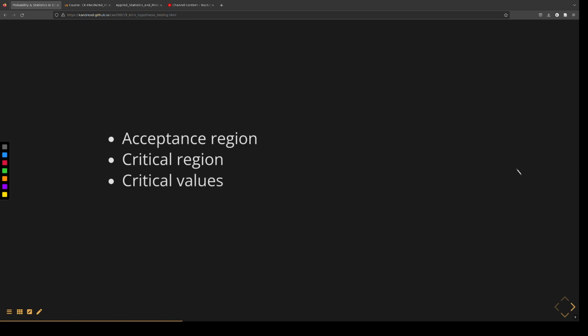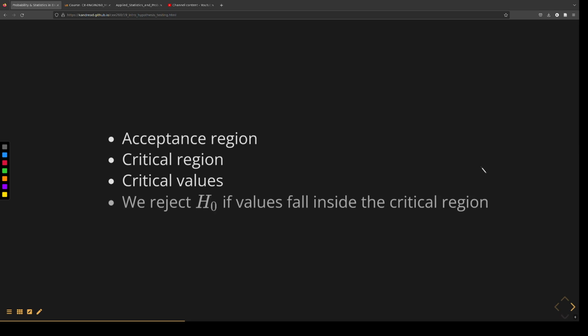And the two bounds there, in the case of the mean, would be the mean values of 51.5 and 48.5. Those are the critical values. So if the values fall inside the critical region, we can reject the null hypothesis.